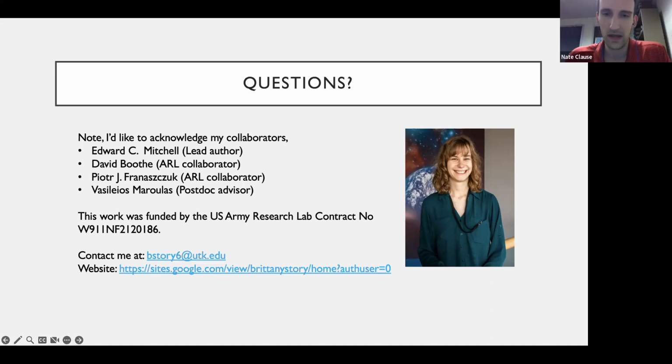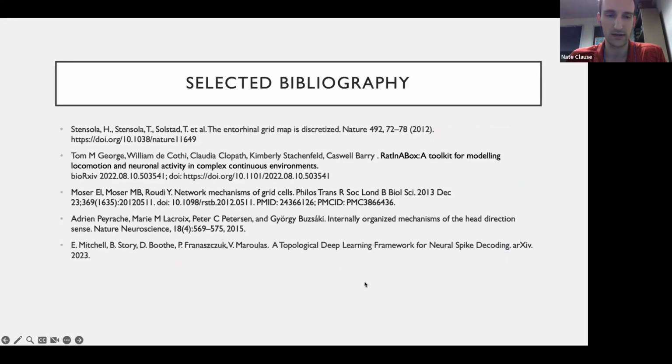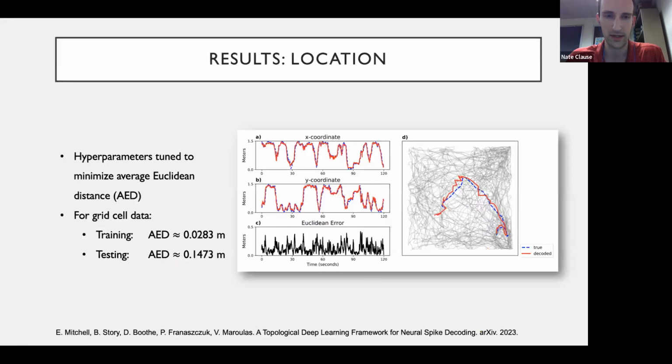So, yeah, I have one. Can you go back to the slide on predicting trajectory? Yes, I believe this one. We see that it does a really good job of tracing out the trajectory, but sometimes the decoded path takes these weird turns and briefly goes off in the wrong direction.